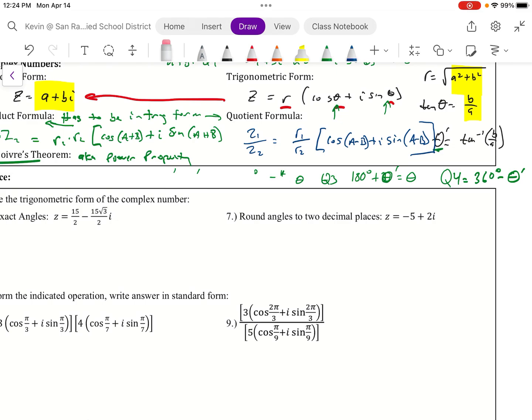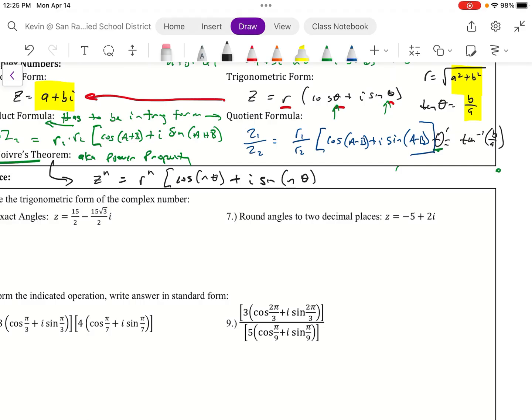Power property, you should have all this written down already, or de Moivre's theorem. This is when we have z to the nth power. Then we're going to go r to the nth power, and then cosine of n times whatever our theta is.